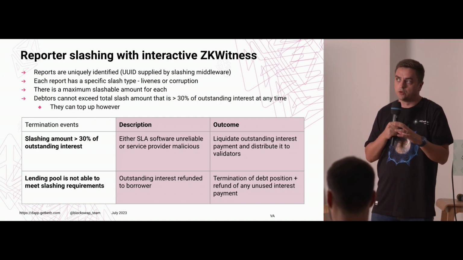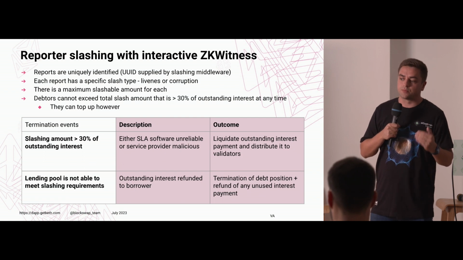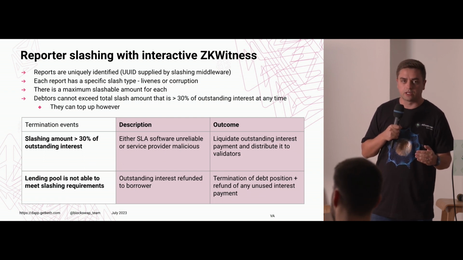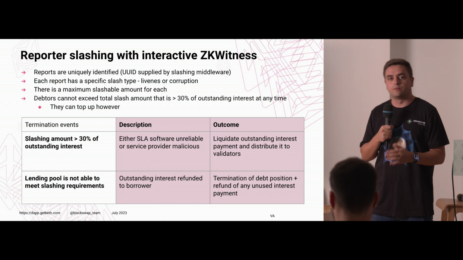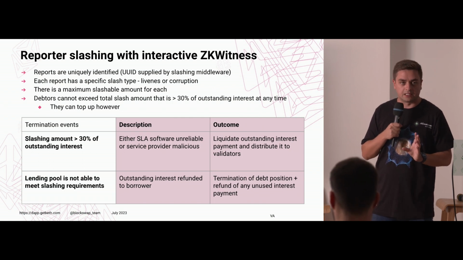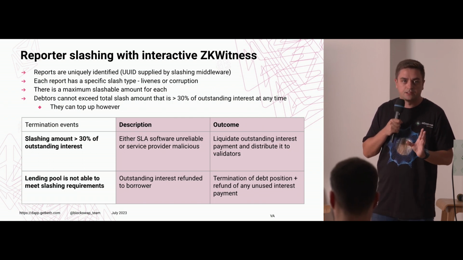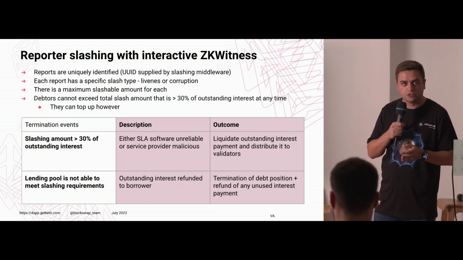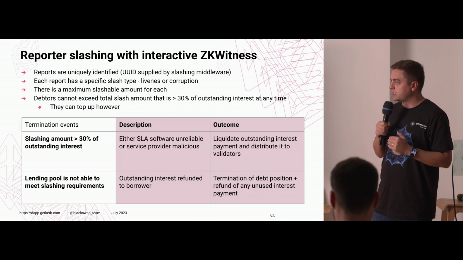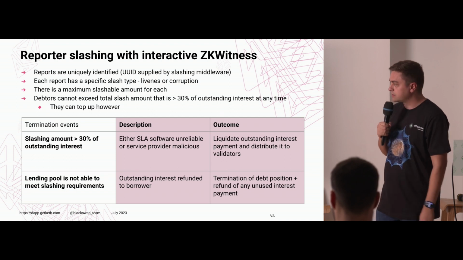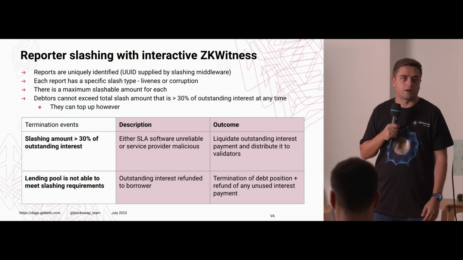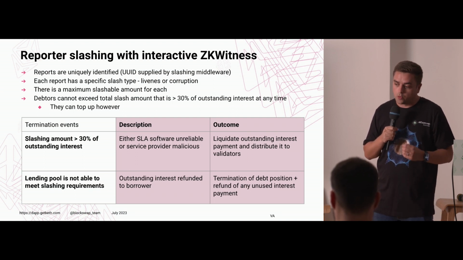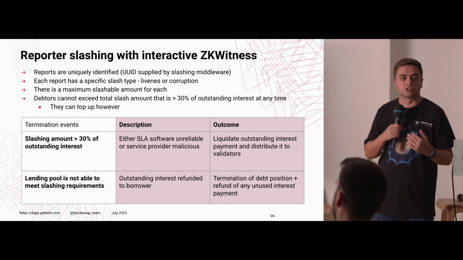So if borrowers take out positions and there is not enough lending capacity, then borrowers will have to terminate their positions and maybe come back to the pool, either take out smaller slashing positions or come back later when there's more capacity at stake.